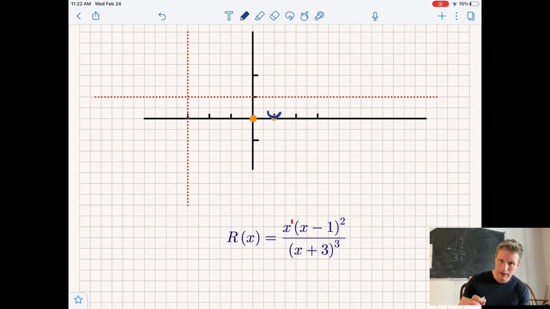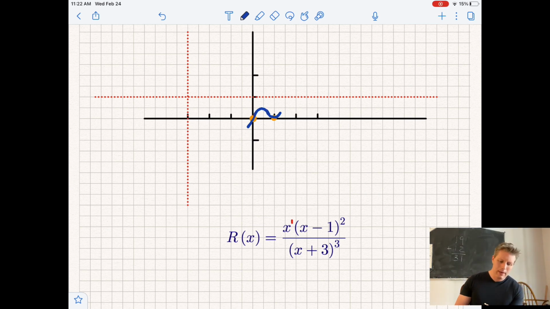Again, that's because of that even multiplicity, that 2 on the x minus 1 factor. The fact that x minus 1 is raised to an even power. Whereas at 0 at the origin, it will go through the x-axis at that point. And so I can complete my graph.